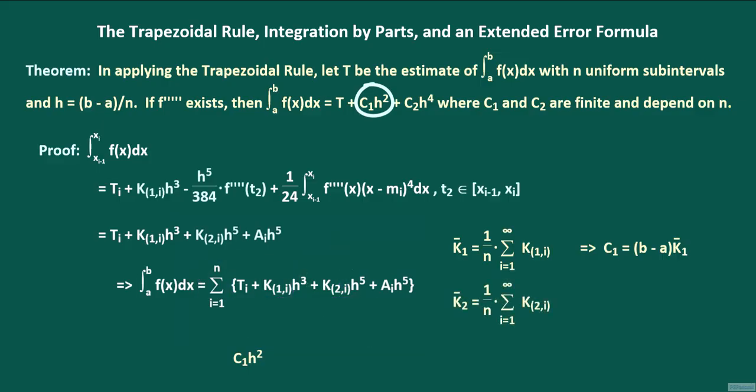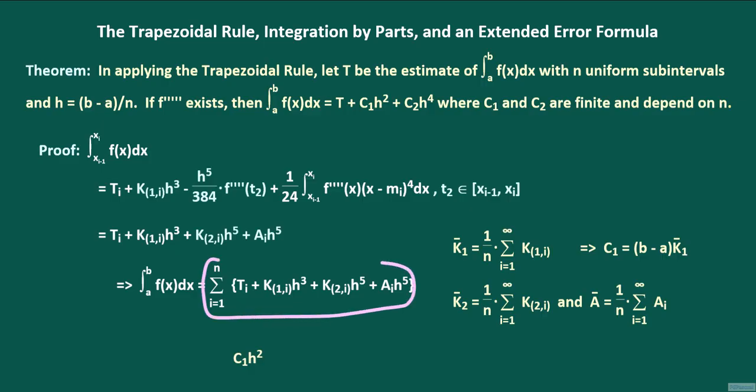Let k bar sub 2 be the arithmetic mean of the k sub 2i's, and let a bar be the arithmetic mean of the a sub i's. And so the sum of the k sub 2i's times h to the fifth power plus the sum of the a sub i's times h to the fifth power equals n times the sum of k bar sub 2 and a bar times h to the fifth power.